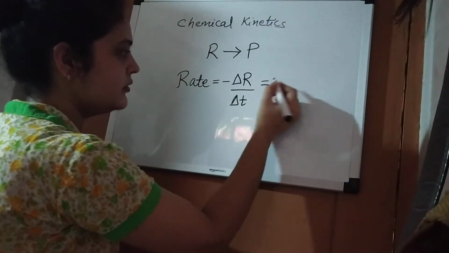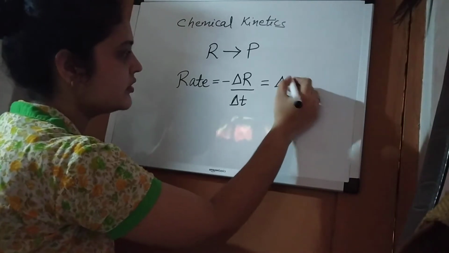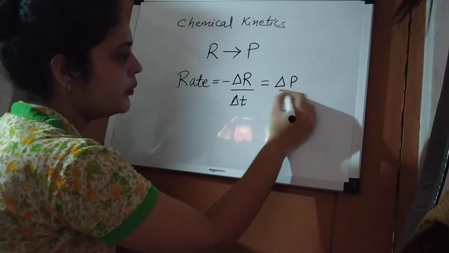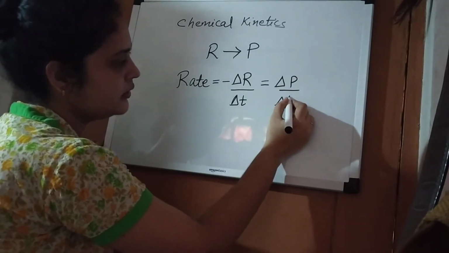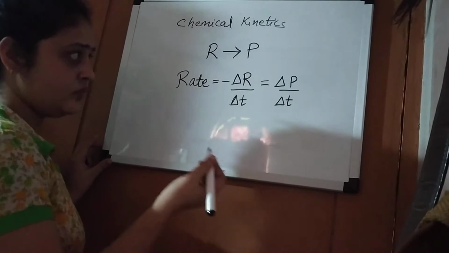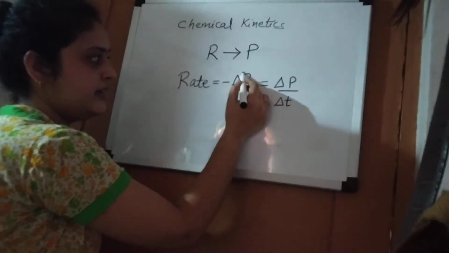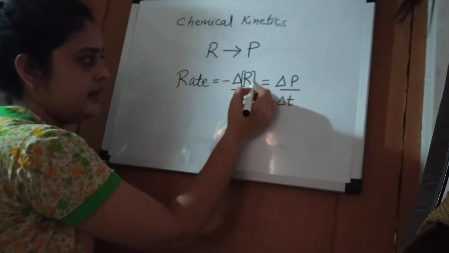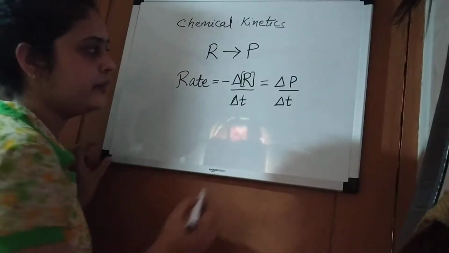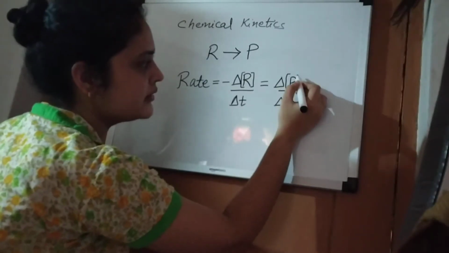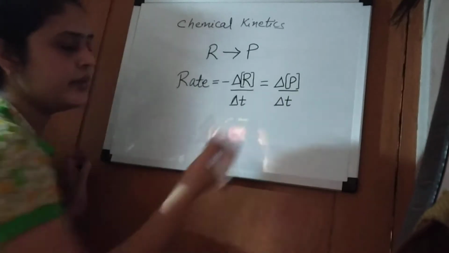It will also equal the change in concentration of P upon the change in time. Now, the reactant concentration is represented by square brackets, and the product concentration is also represented by square brackets.